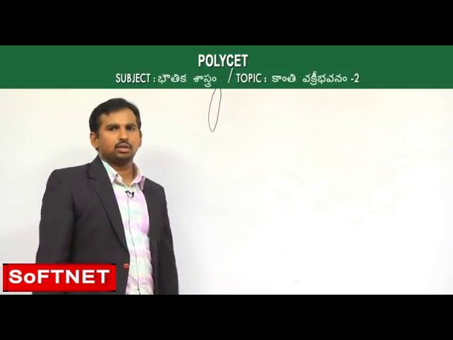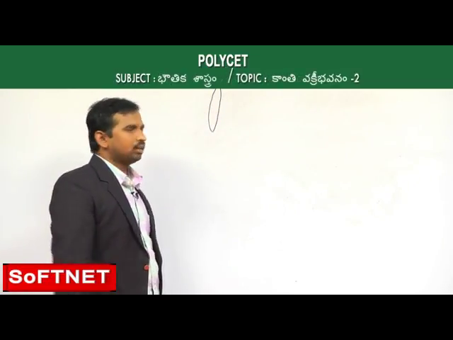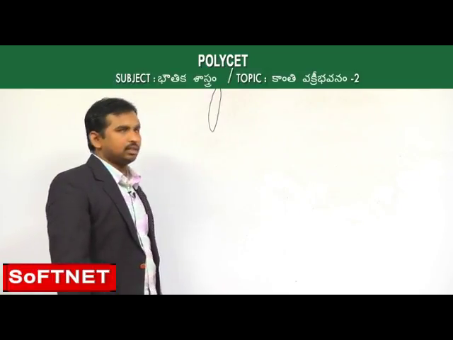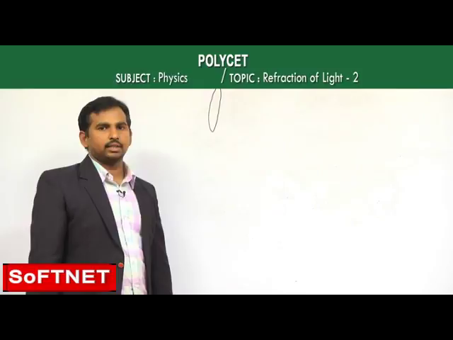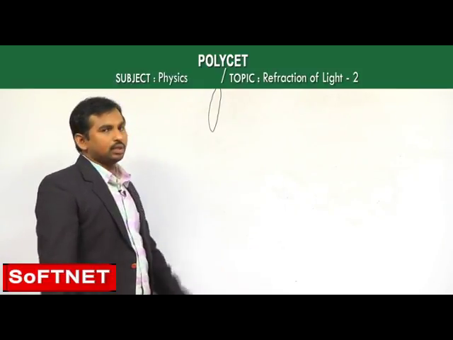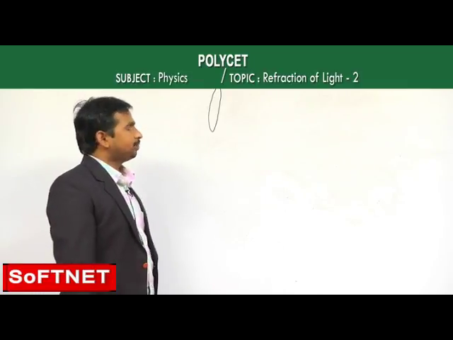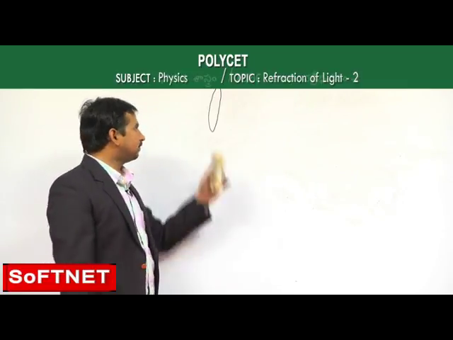Now we will see some of the important definitions for lenses. You can take a convex lens or a concave lens, any of that. The first important one is, just like the previous case of spherical mirrors, here also the lens has a midpoint, the geometrical center of the lens.